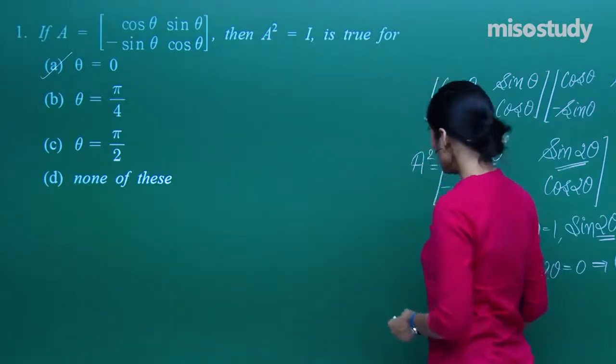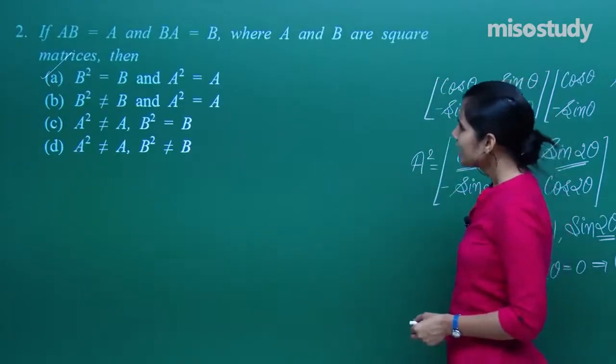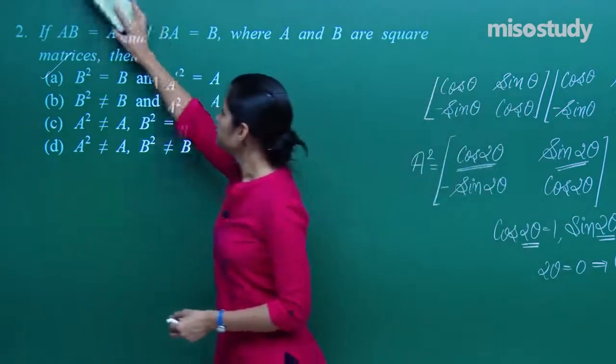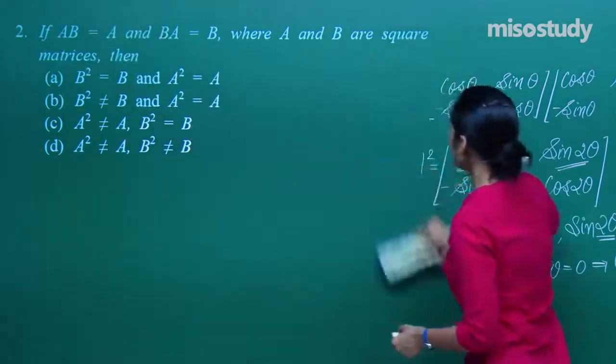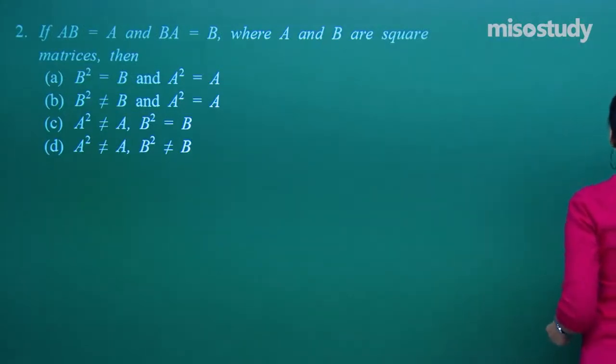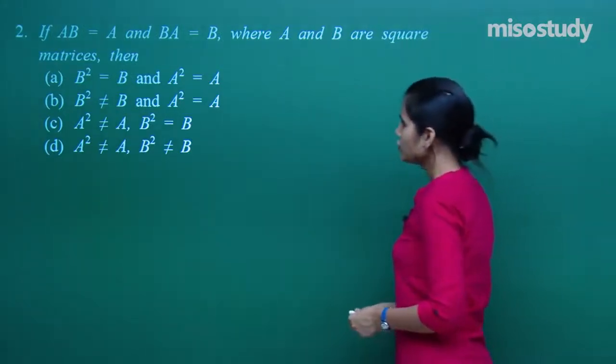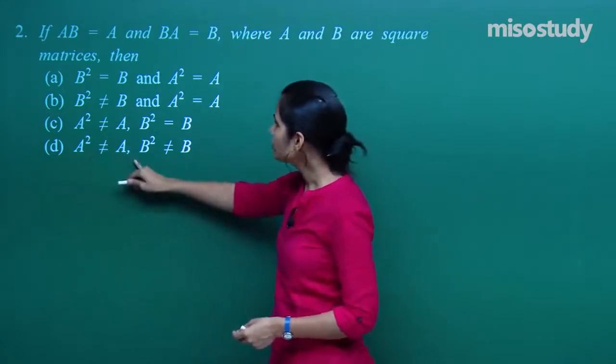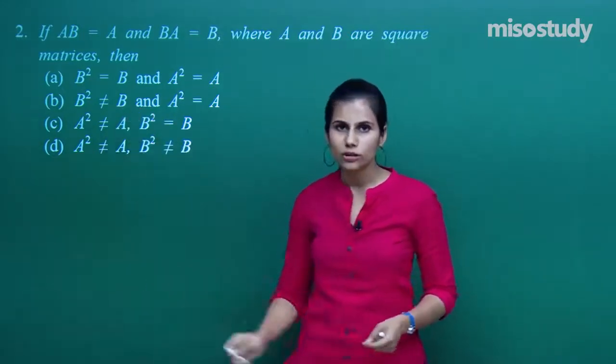Cool? Next question says that AB is A and BA is B, where A and B are square matrices, then which one is going to be true? The question is basically whether A square is equal to A or not, B square is equal to B or not.